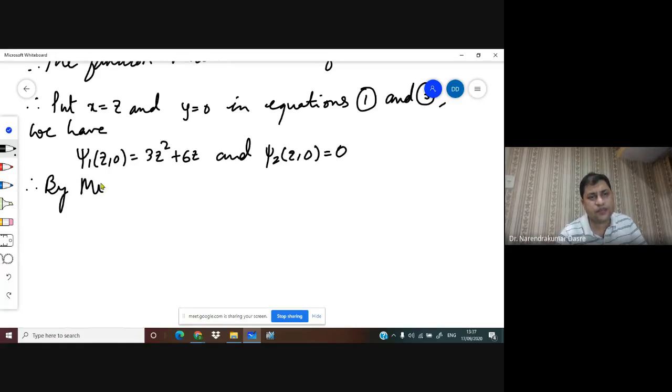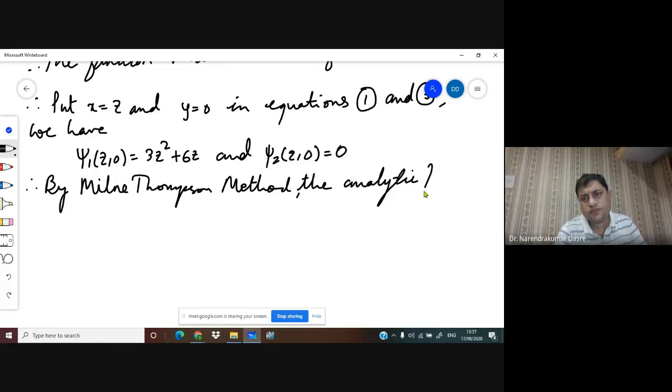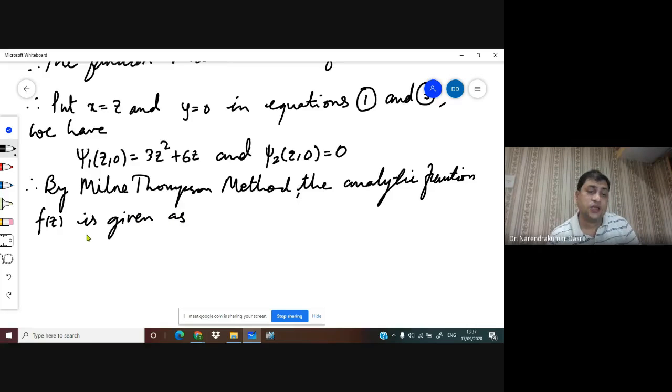So by the Milne-Thompson method, the analytic function of z is given as follows. I always insist you to write the formula so that you will not go wrong.